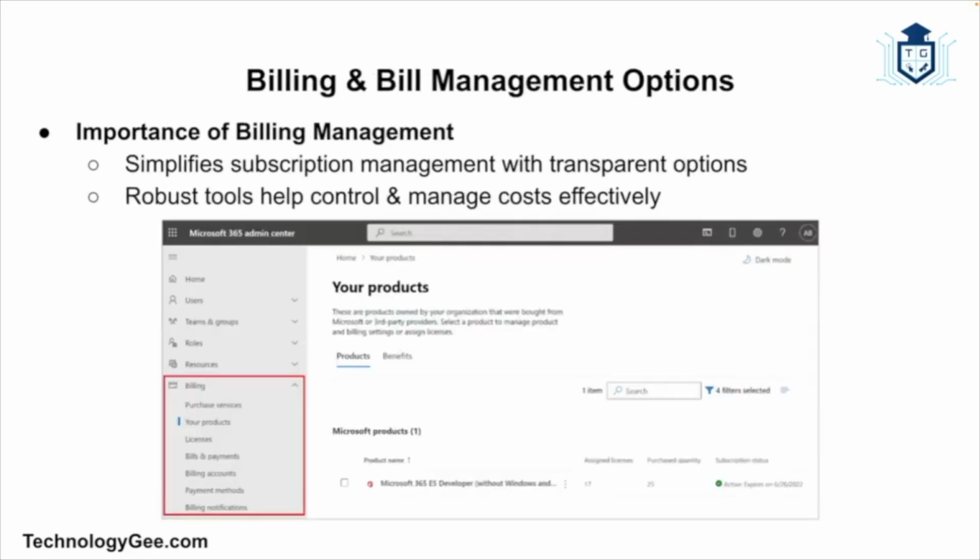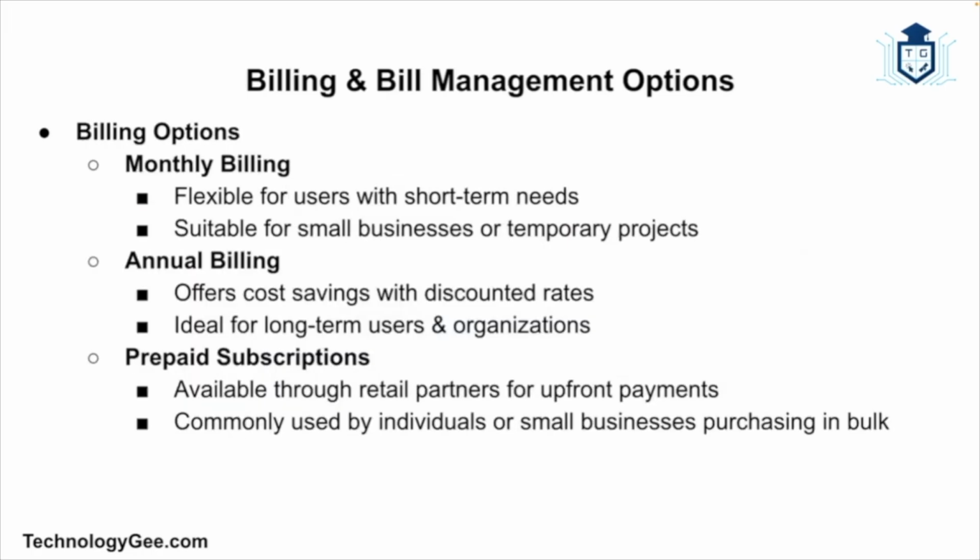All right, next let's talk about billing and bill management options. Billing and bill management are crucial components of any subscription service, and Microsoft 365 simplifies this process with transparent options and robust tools to manage costs. The billing options you have are the following. Monthly billing offers flexibility for users who prefer not to commit long term, and is ideal for small businesses or projects with temporary needs.